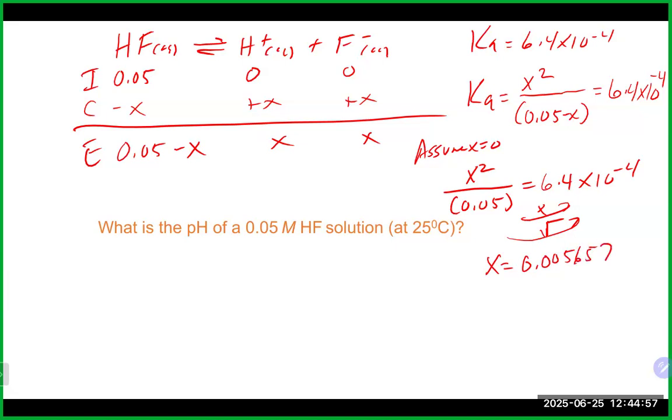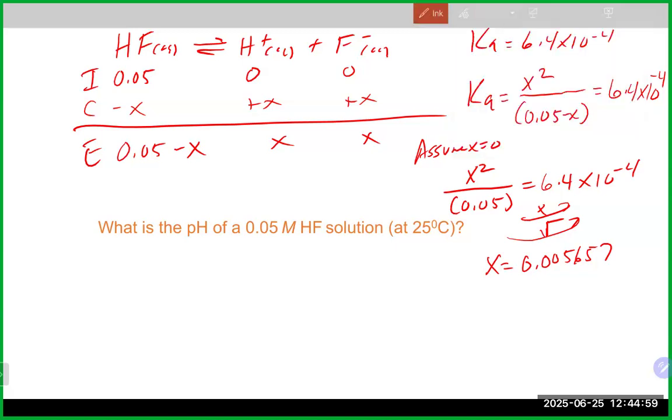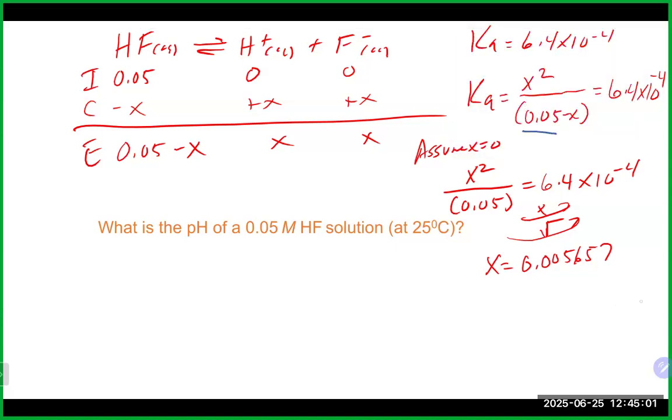Now, when we divide this by our concentration, which we're going to subtract it from, 0.05, and multiply by 100%, we now get something closer to 11.3%, which gives us a sad face and not a good assumption.